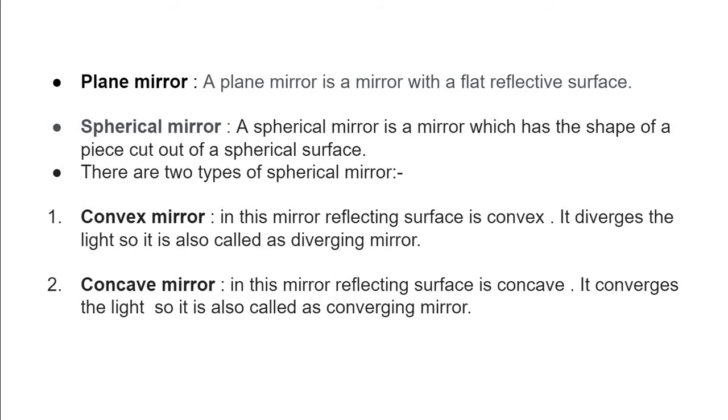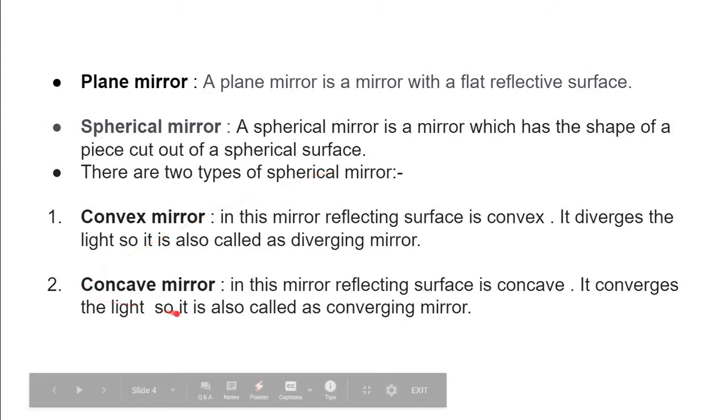Convex mirror. In this mirror, the reflective surface is convex. It means the outer surface of a spoon, for example. When we see a spoon, it has two surfaces, the surface from which we eat and the back surface, and the back surface is convex, which diverges the light, and that's why it is also called a diverging mirror.